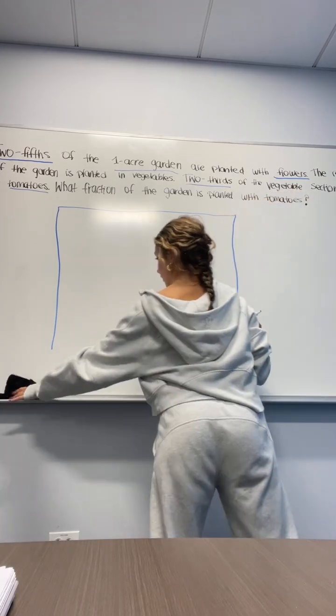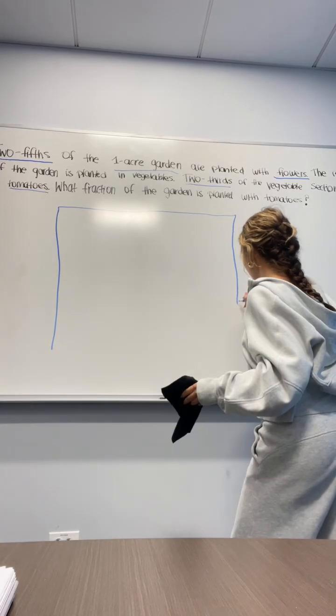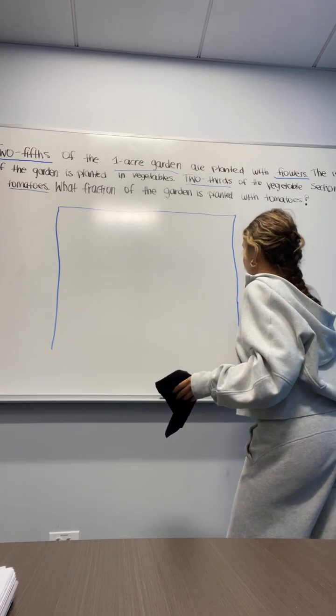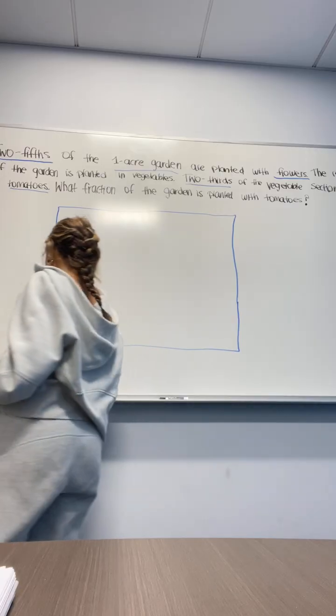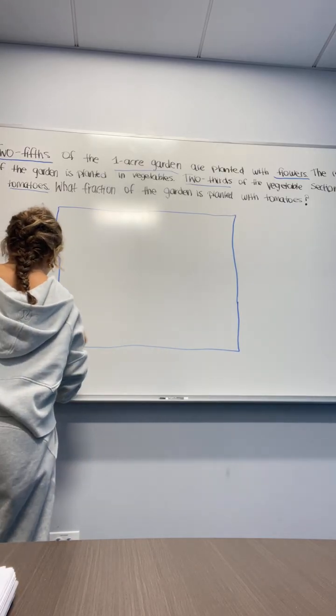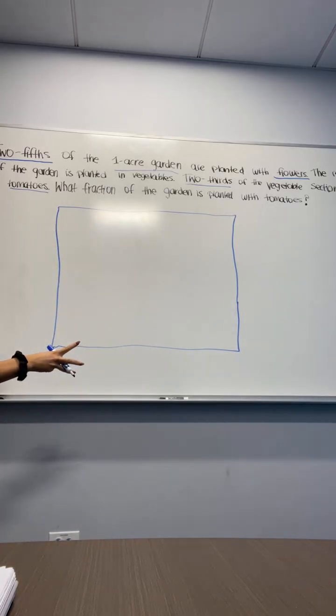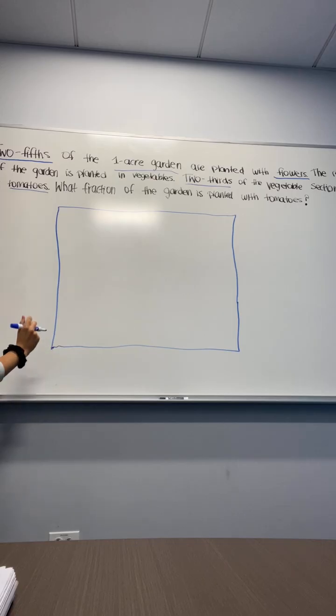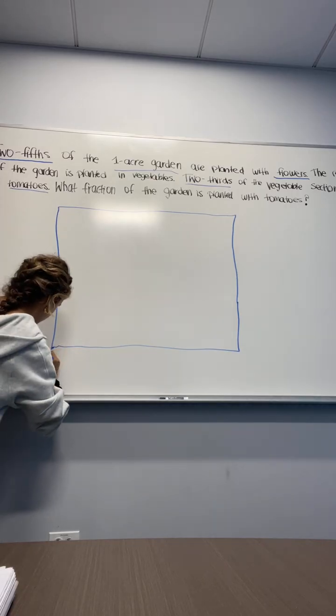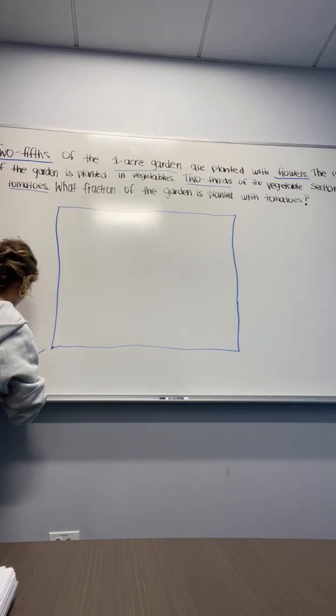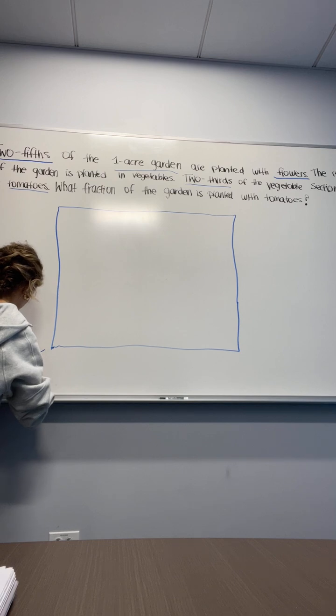Oops, that's what happens when you're not looking at the board. All right, so this whole square would be my 1-acre garden. I'm just gonna write that down here. 1-acre garden, okay?